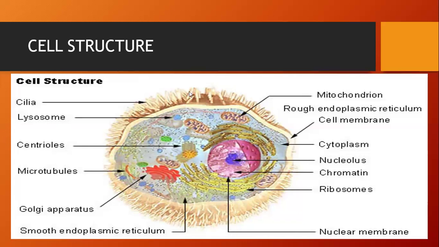Now you can see the cilia is a long finger-like structure around this particular cell. Now, this cilia is said to be used for movement by this cell. And moving on, we'll be talking later on the example of cell organism that possesses this cilia. Okay, we're going to be talking about that later on.